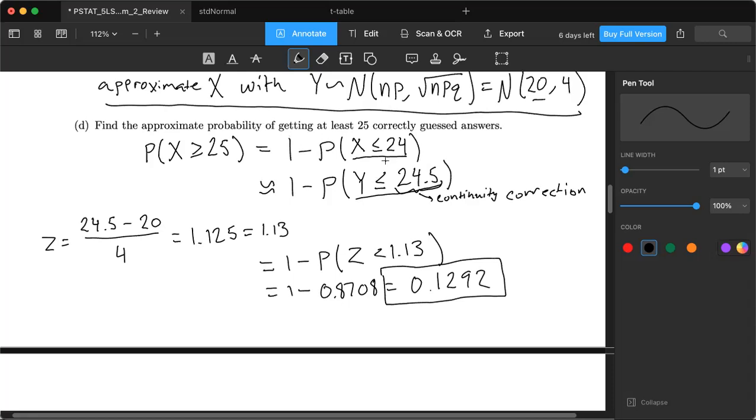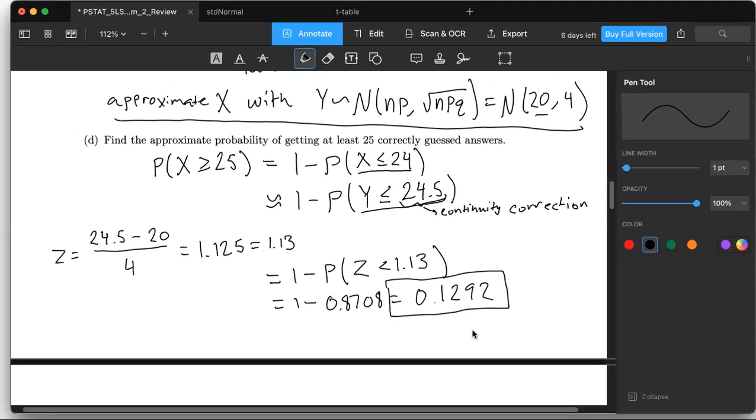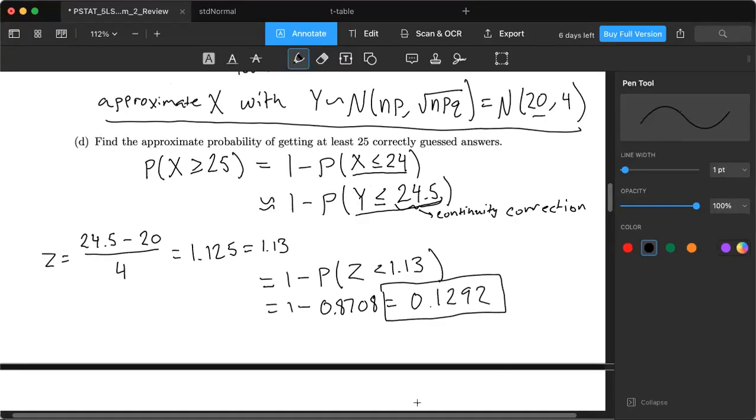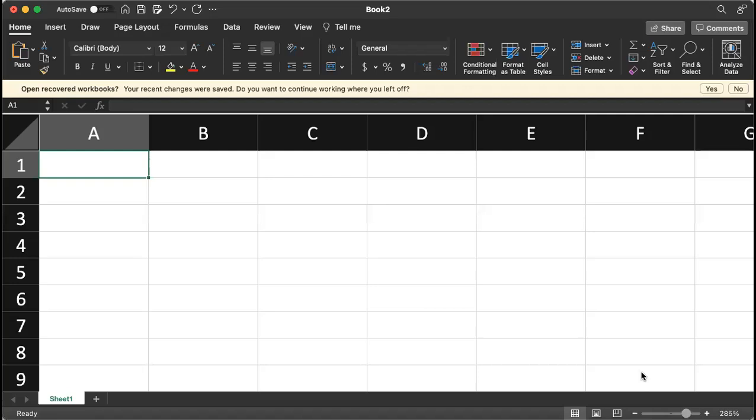And yeah, to illustrate that this is a decent approximation, I'm going to just show you in Excel real quick. So in Excel, the probability that we wanted to compute from before, the exact probability, if you remember, 1 minus the probability that x is less than or equal to 24, we can use this binom.dist function.